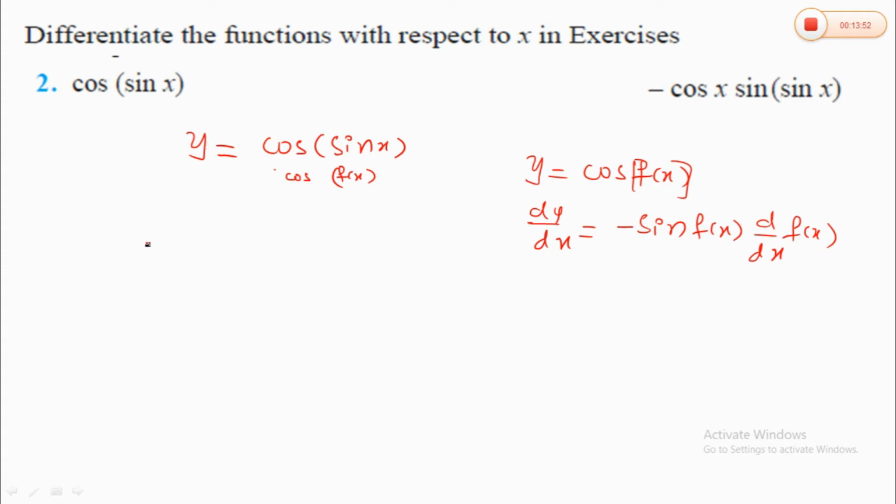Differentiate with respect to x: dy by dx equals dy by dx of cos of sin x.